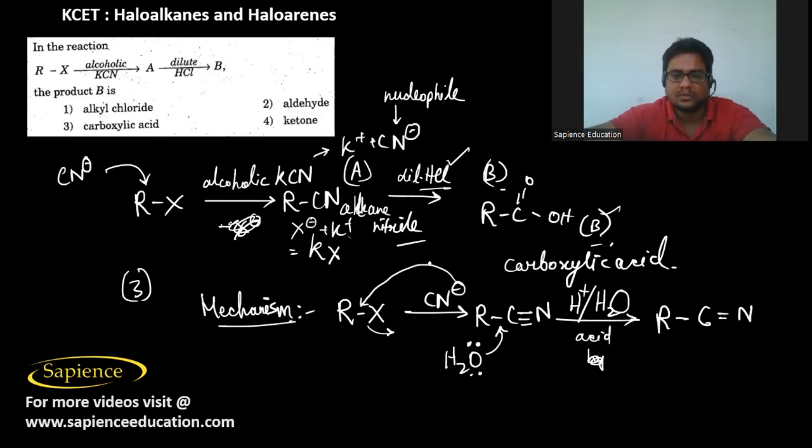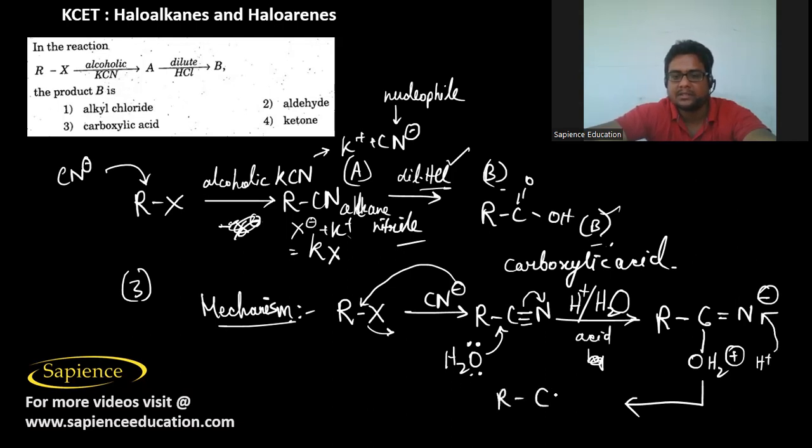When H2O attacks here, the pi electrons in the cyanide group will go to the nitrogen atom. Then it will form RCN minus OH2 plus. Now from here an H plus ion will come out, and it will attack here, and then it will form RCNH and OH.